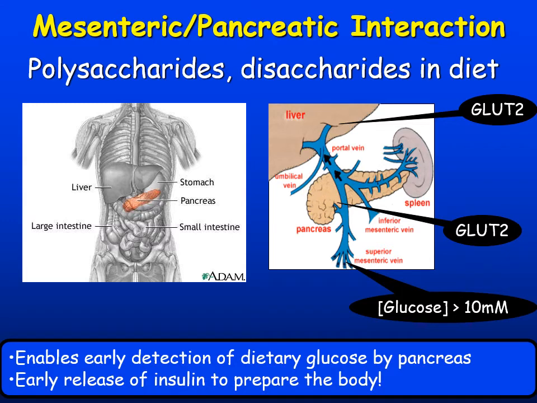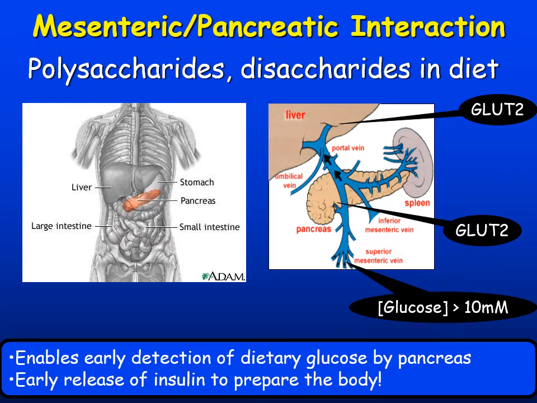And while we're talking about GLUT transporters, here's the other key place where you'll find these GLUT2 transporters in action. These GLUT2 transporters are expressed in the pancreas, which interfaces with the mesenteric veins, which drain the gut. So these pancreatic GLUT2s can effectively sample the mesenteric blood, attempting to transport glucose out and into the pancreatic cells, but only if it's at a high concentration, like what you'll see after a feed.